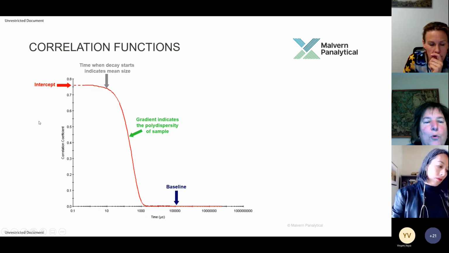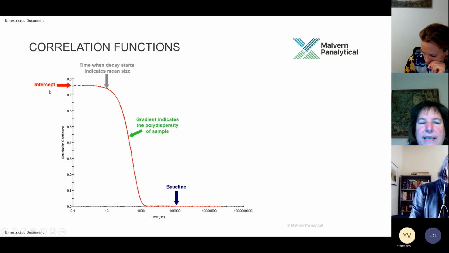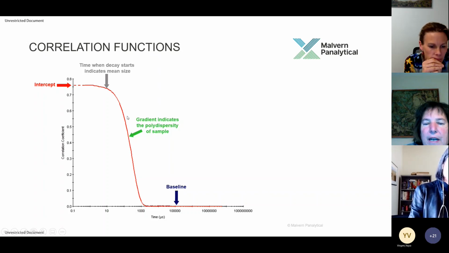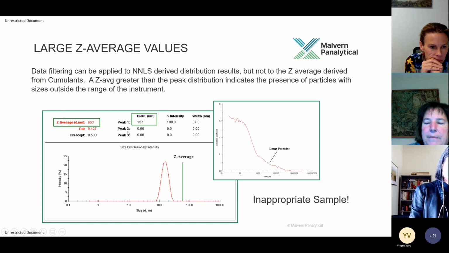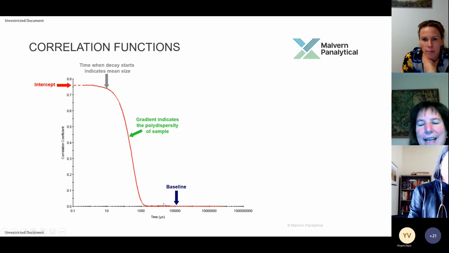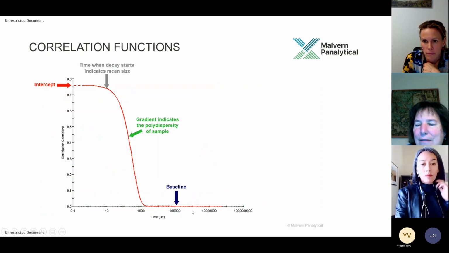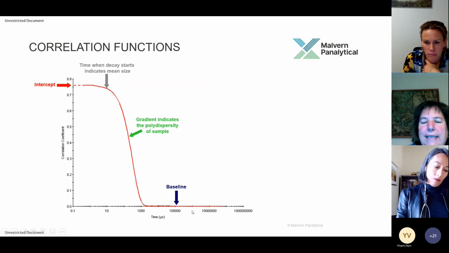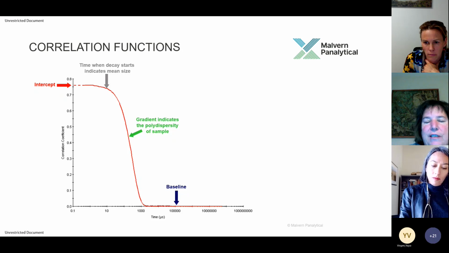So again, the four key features for the correlogram is the intercept, how much time it takes for the correlation function to start to decay, the slope of the decay, and the baseline, whether it's flat, whether it's noisy, whether it doesn't come down to zero baseline or not. All of those are features that I'm looking for while the measurement is running.